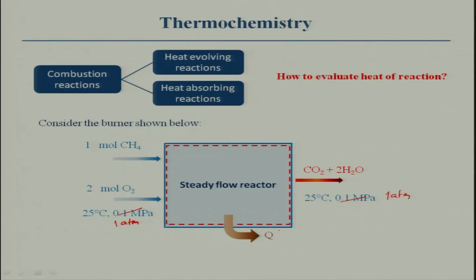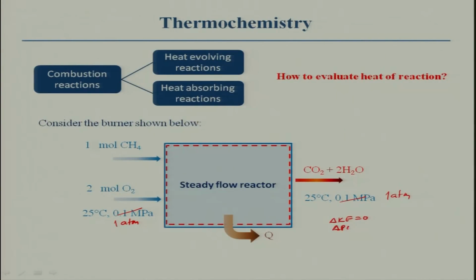So, for this what will I have to do? How will I go about it? I will have to carry out a heat balance, right. How am I going to do this? Any idea? Very simple question, right. We will have to make some assumptions and apply the first law of thermodynamics, right. And what are the assumptions? Change in kinetic energy is 0.